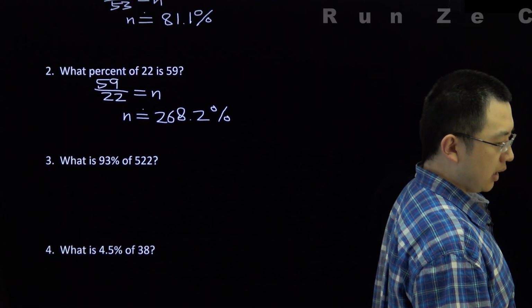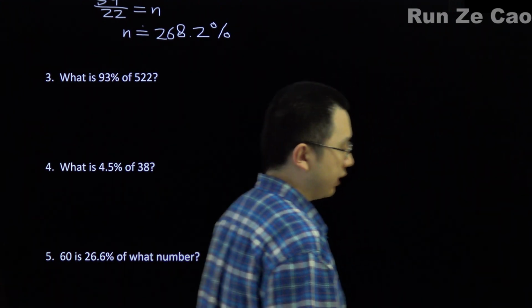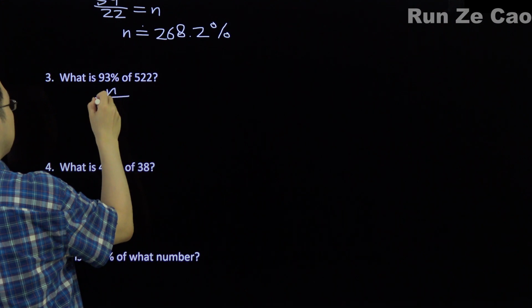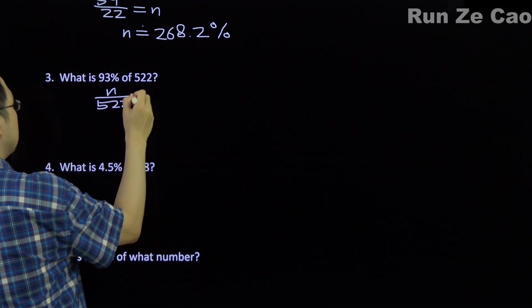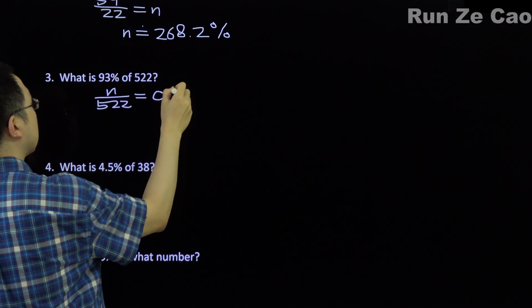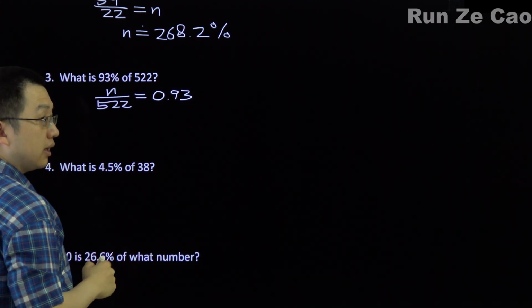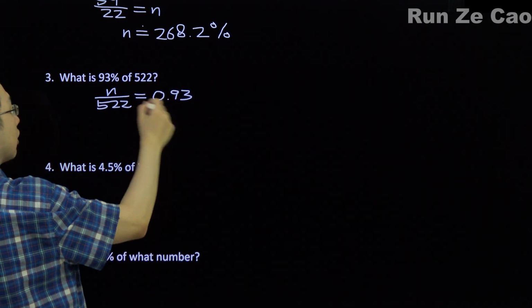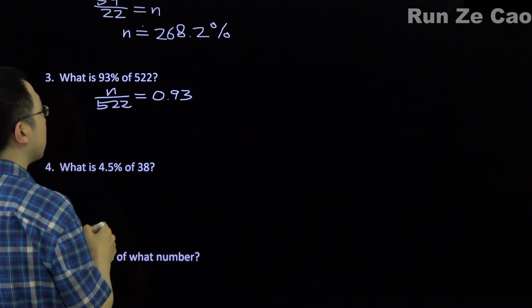Now, what is 93% of 522? That means n over 522 is equal to 0.93 or 93%. Depending on the teacher, they may or may not be okay with you writing it like this right off the bat.